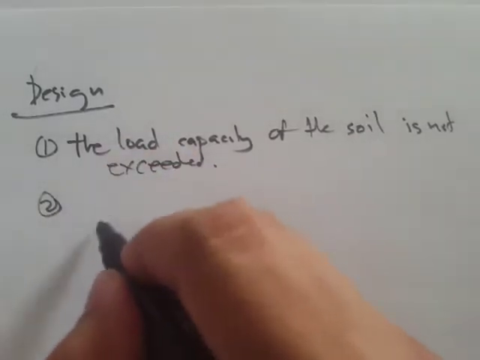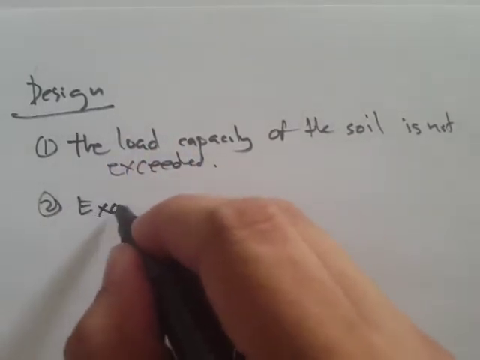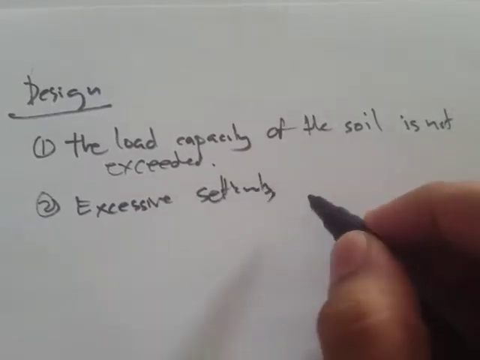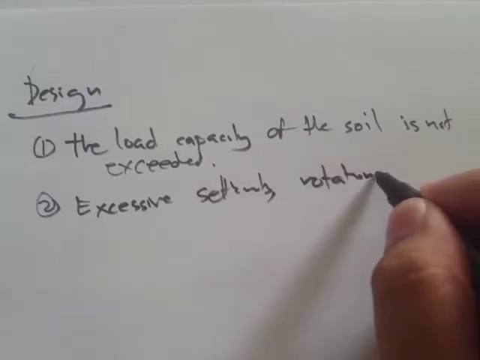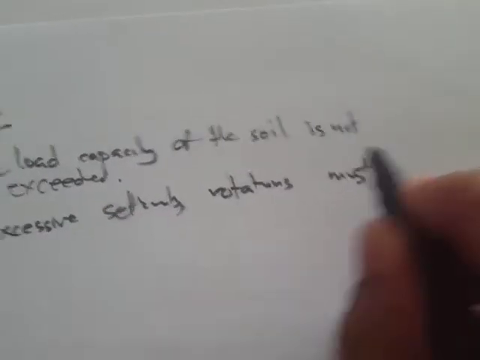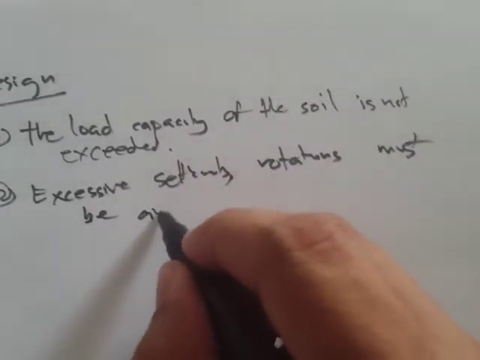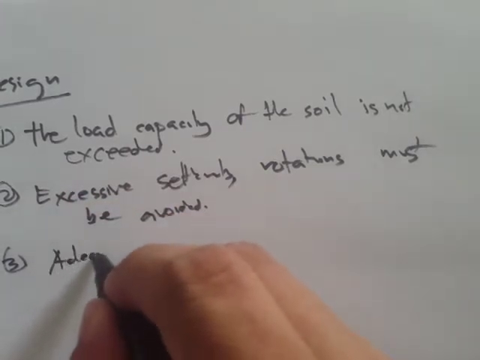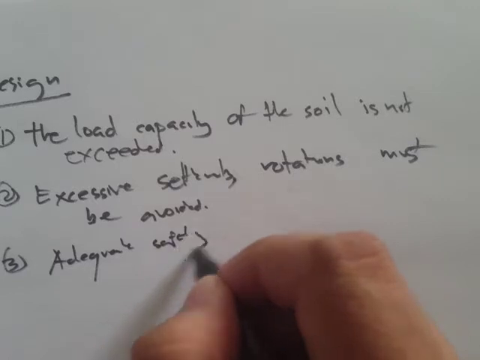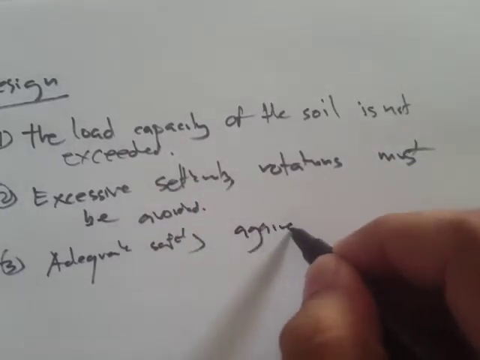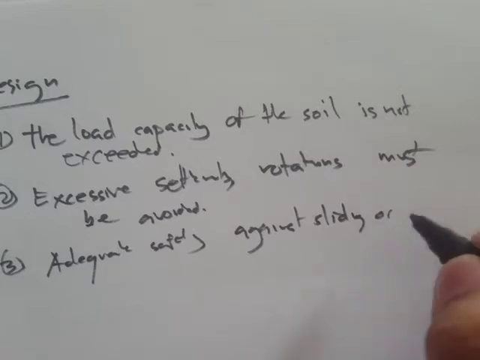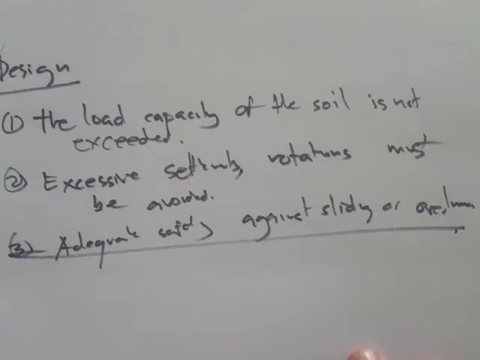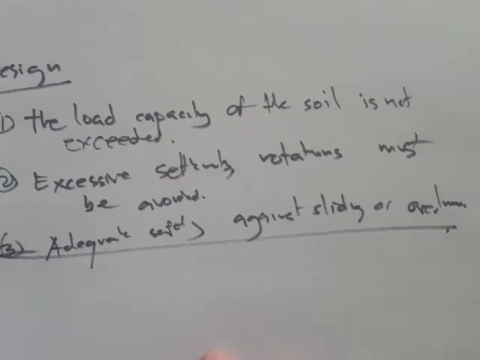Number two, excessive settlements and rotations must be avoided. And the third one, adequate safety against sliding or overturning. Okay, so that's the basic idea for the design of footings.